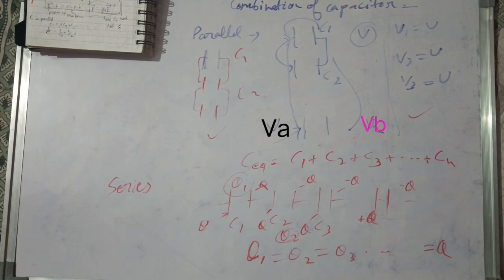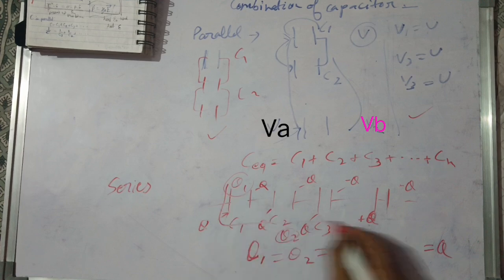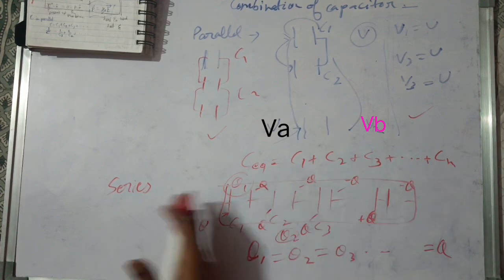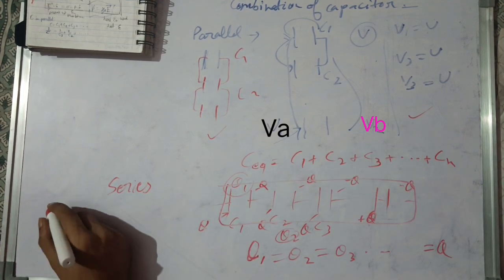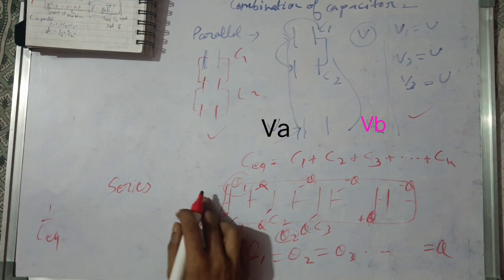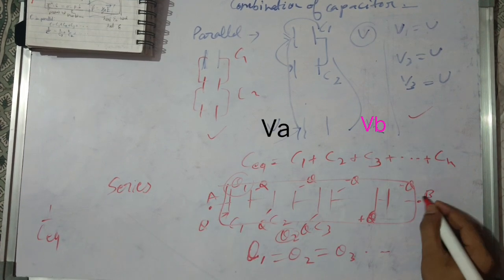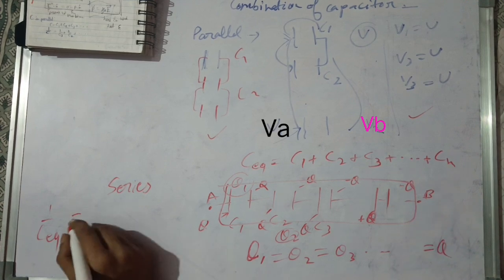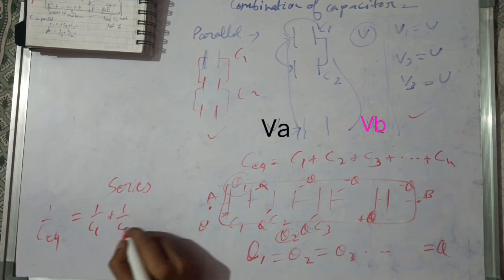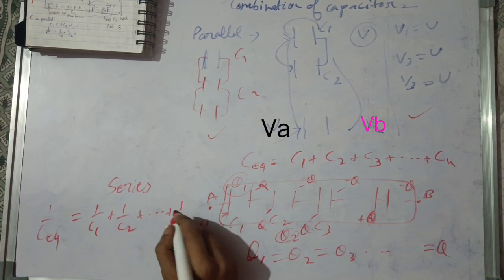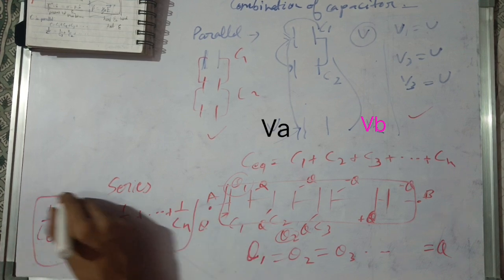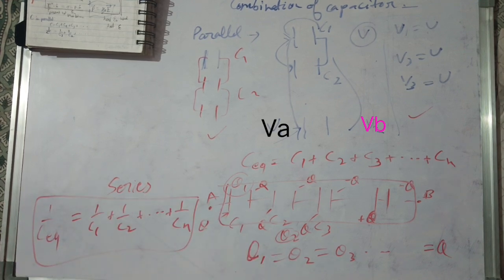This is the series combination, and you can determine the equivalent capacitance of a series combination by addition. In such a case, the equivalent capacitance of all these capacitors between A and B is 1 upon C1 plus 1 upon C2 plus and so on, plus 1 upon Cn. The capacitances are added like this.